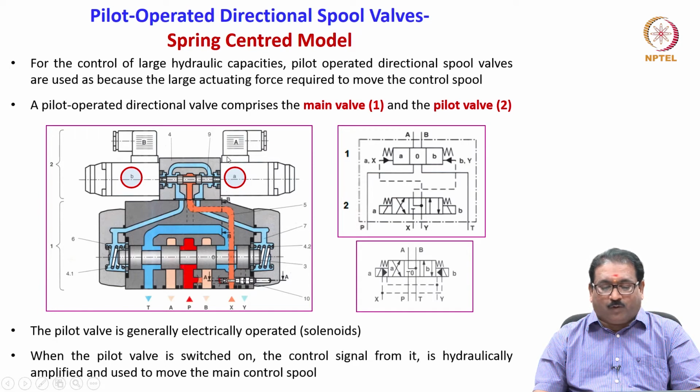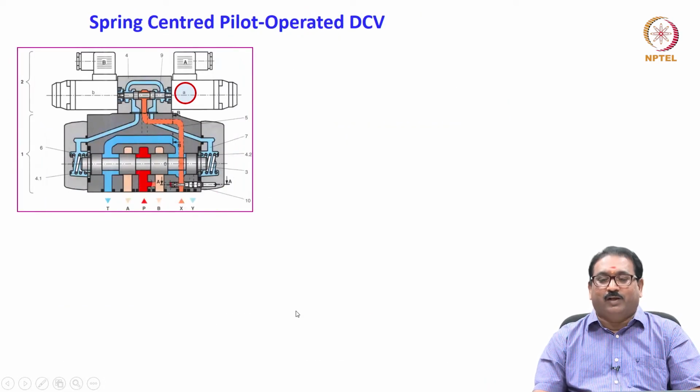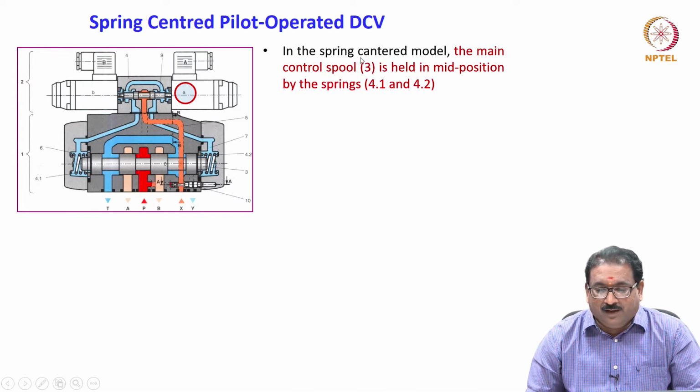When the pilot valve is switched on, the control signal from it is hydraulically amplified and is used to move the main spool valve. That is why it is called hydraulic signals. How it is, I will tell you, no need to worry, friends. In the spring centered model, the main control spool is held in the mid position by the springs 4.1 and 4.2, the two strip springs, to achieve the mid position.